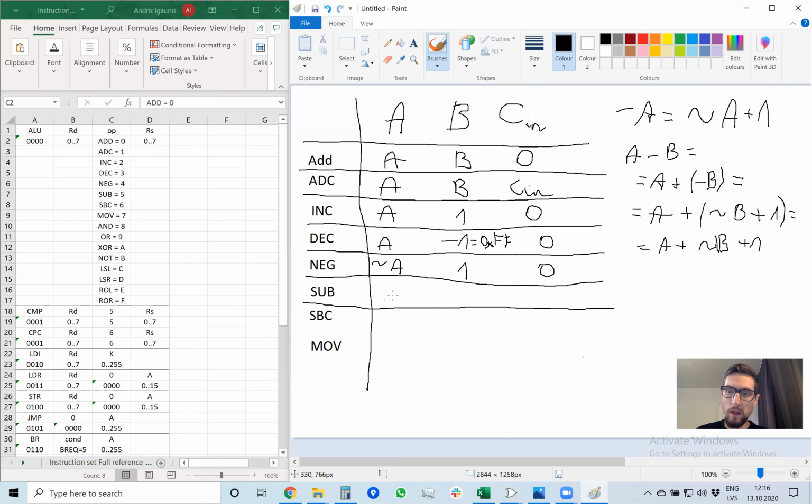So for A, we take A. For B, instead of B, we let B go through one NOT gate, NOT B.